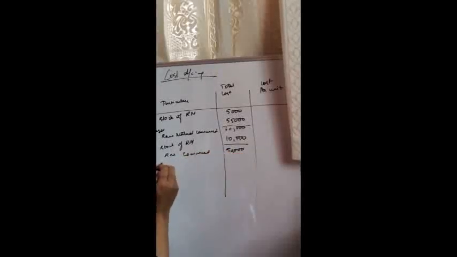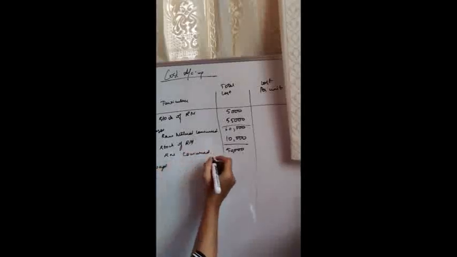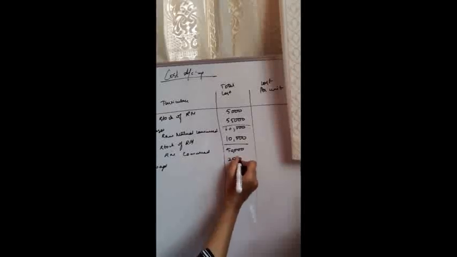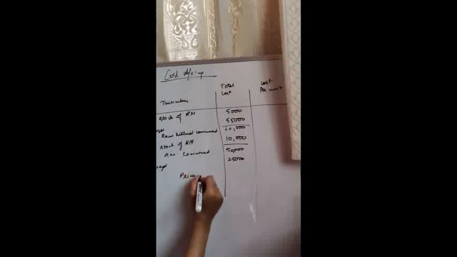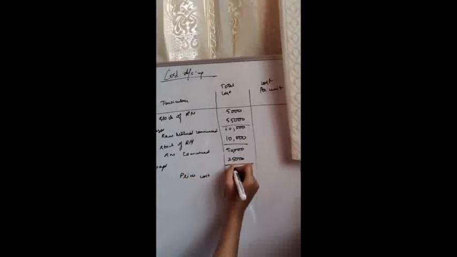After which you are going to add your direct wages. Direct wages is 25,000. So you will get your prime cost, that is 75,000.